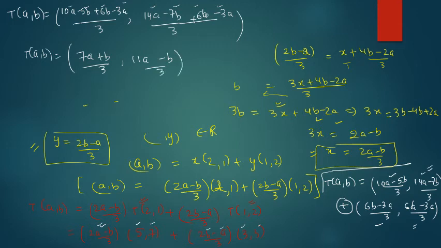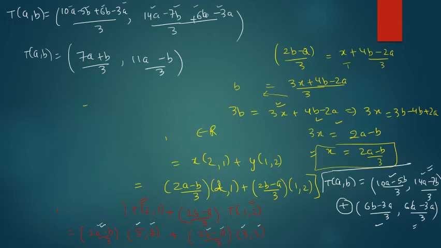Now what the question has asked us further is that basically we have to find out the rank of the matrix A, right? Rank of the matrix A, which corresponds to T. And now the further information which we can use is that we have standard bases mentioned in the question.